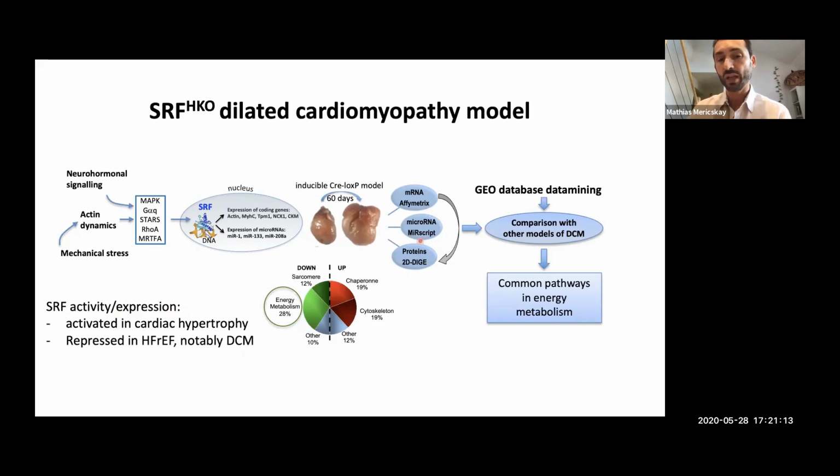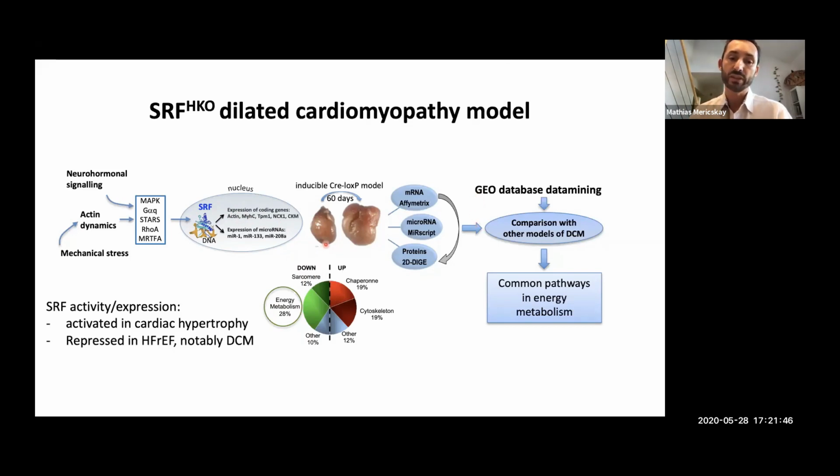Over the years, we have performed a number of omics screens for messenger RNAs, microRNAs and proteins. Altogether, these studies pointed out that beyond the expected downregulation of a number of sarcomeric genes, the canonical targets of SRF, we also had a very profound alteration of genes and proteins involved in energy metabolism. In fact, among the downregulated genes and proteins, a majority were involved in these pathways.